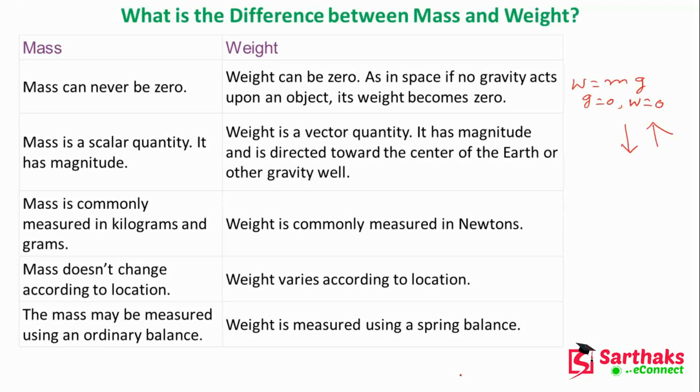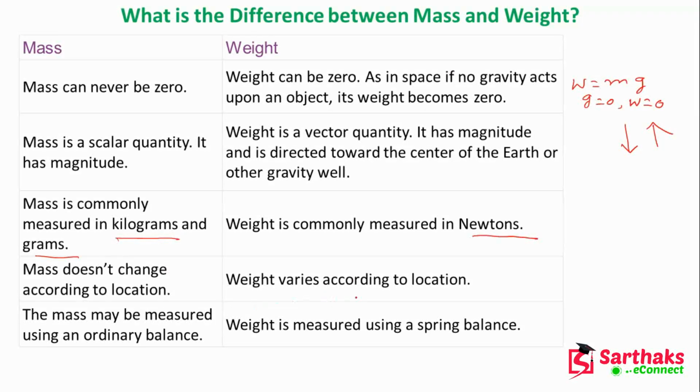So weight is a vector quantity. It has magnitude and is also directed toward the center of the earth or other gravity well. Mass is commonly measured in kilograms or grams, and weight always in Newtons.